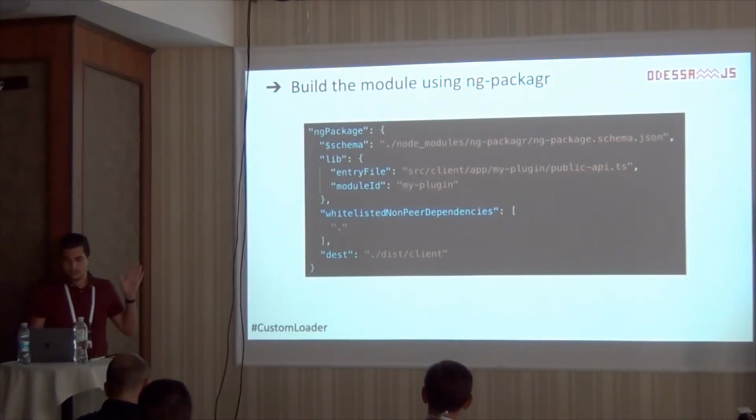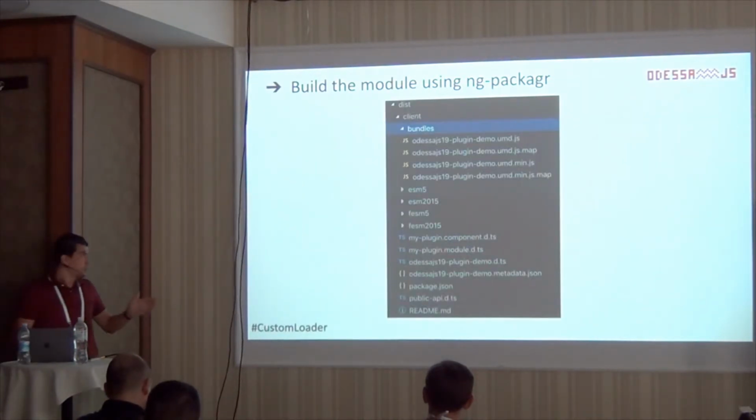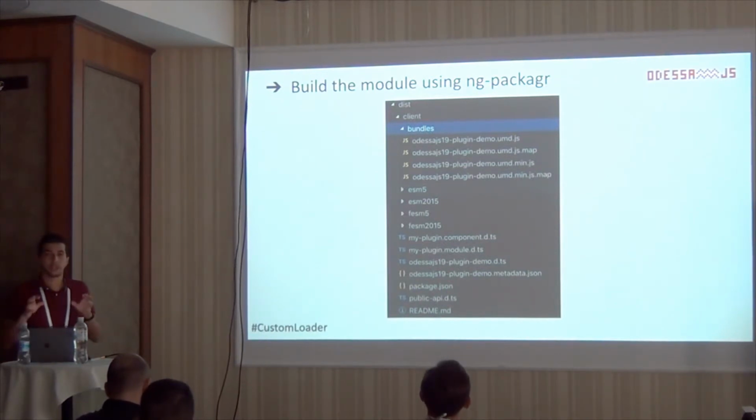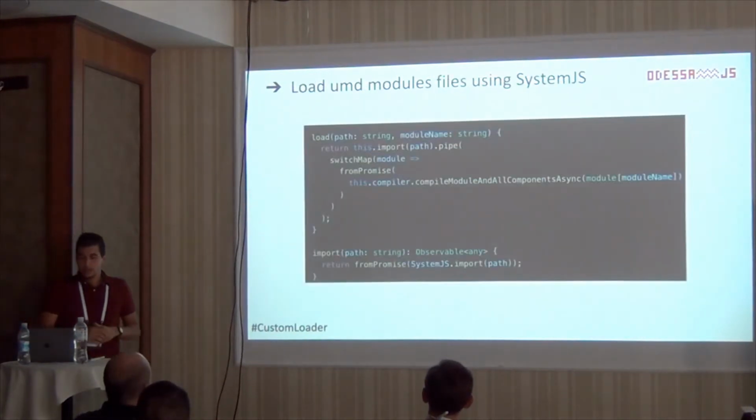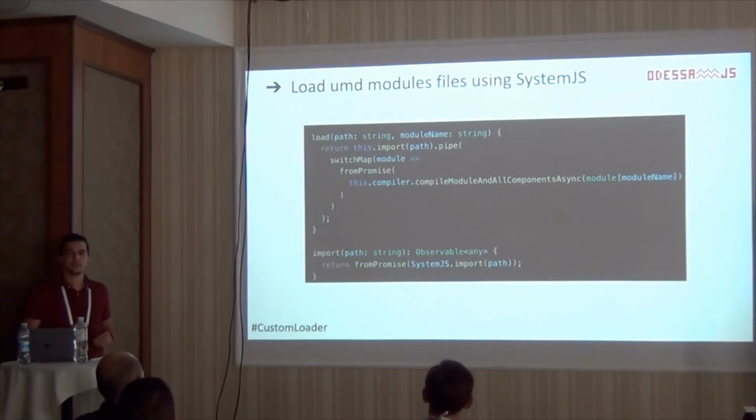With ng Packager, you just have to fill in this configuration, and you will get these different bundles generated. So your Angular app or micro app will be bundled as a UMD.js module. Now that we have packaged our plugin as a JavaScript module, we need to lazy load this module at runtime.